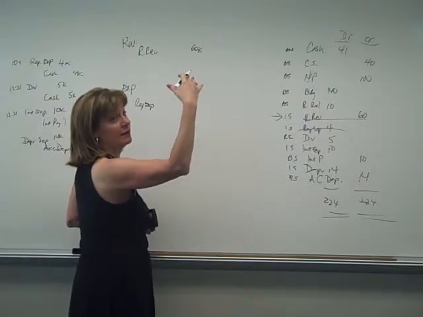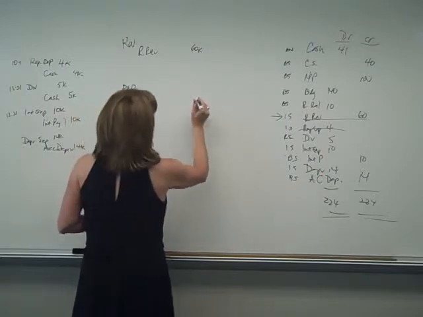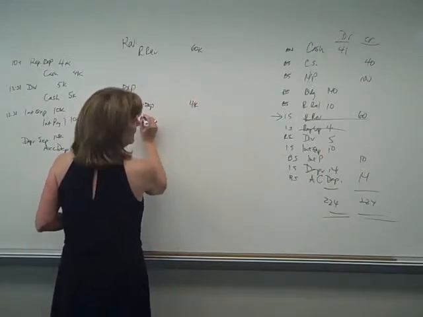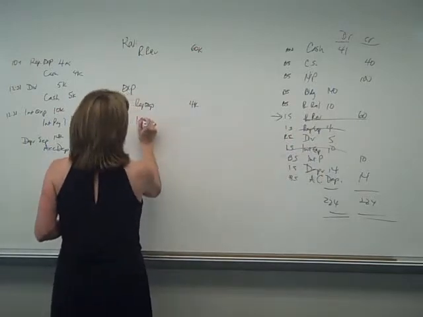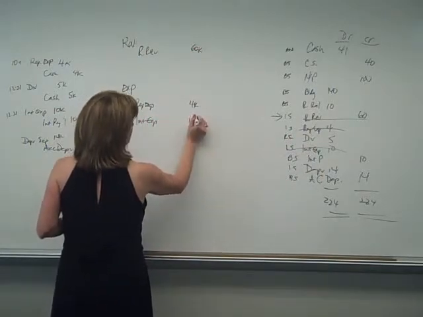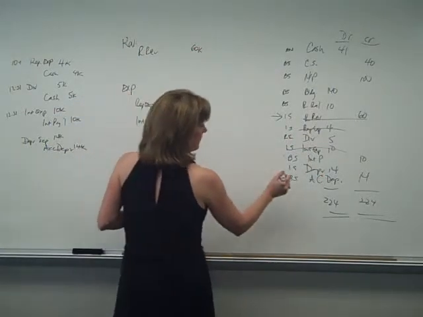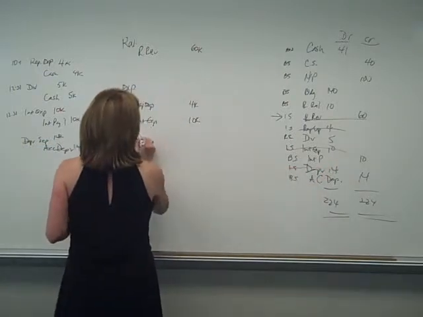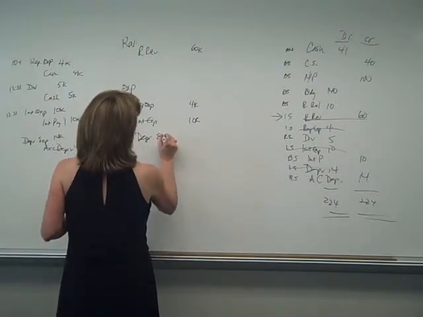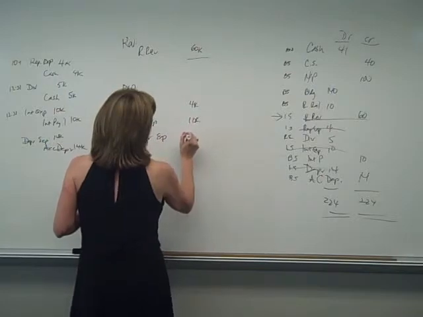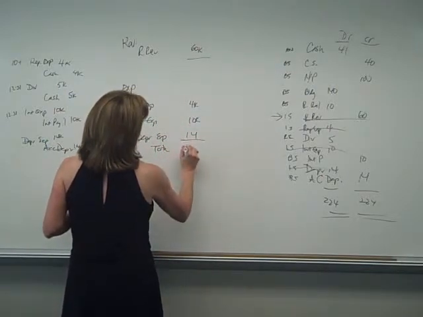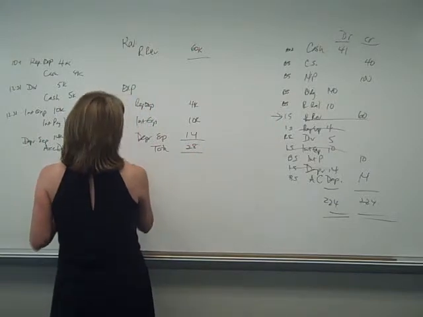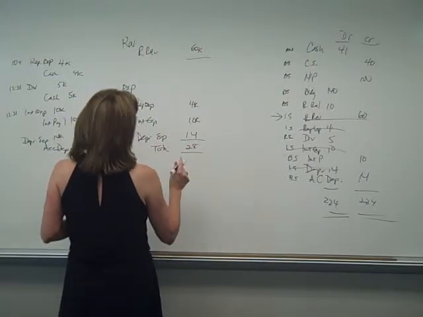Usually you do the biggest dollars first, but I'm just putting it down as quickly as I can. Then interest expense and depreciation expense. So there's my revenues, depreciation 14, total expenses 28, net income, there's no tax.